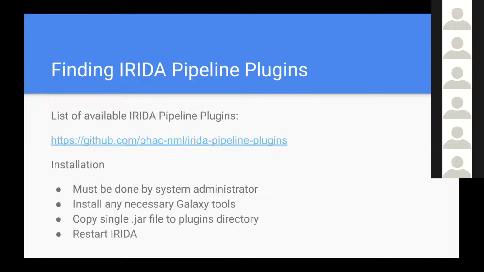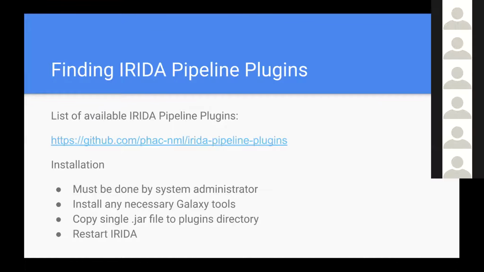As far as installation goes, installing a new pipeline plugin into Irida has to be done by a system administrator. A user of the system cannot independently install a pipeline plugin. And it's a relatively simple process.